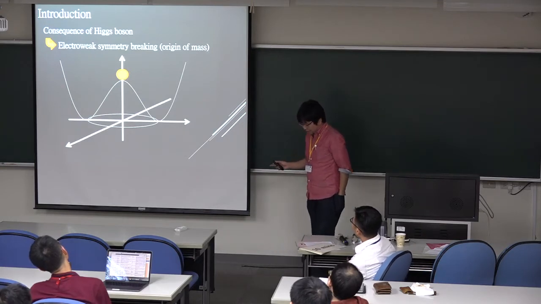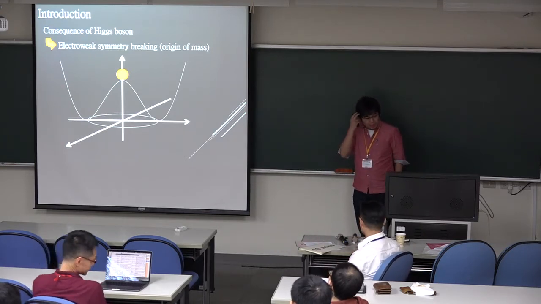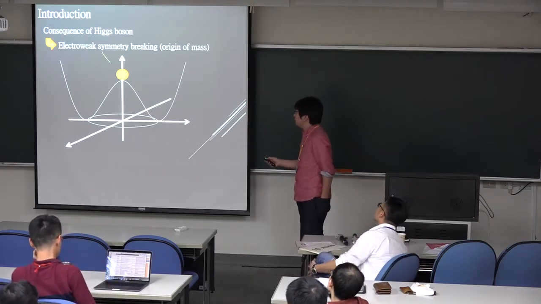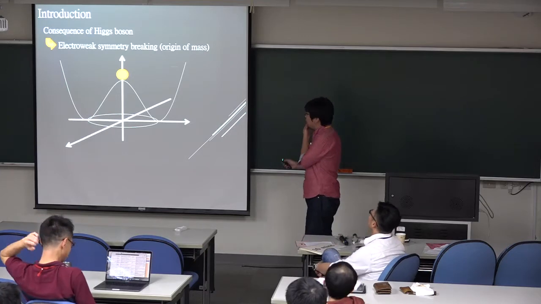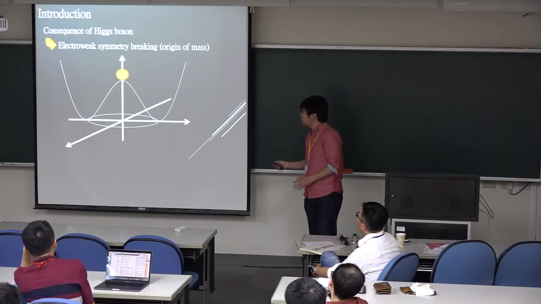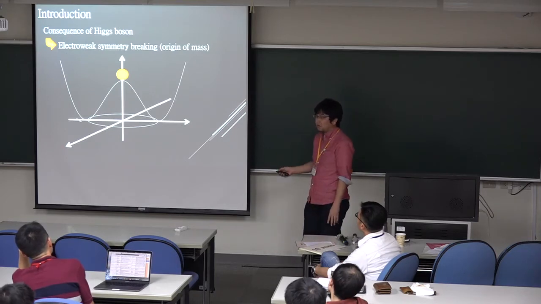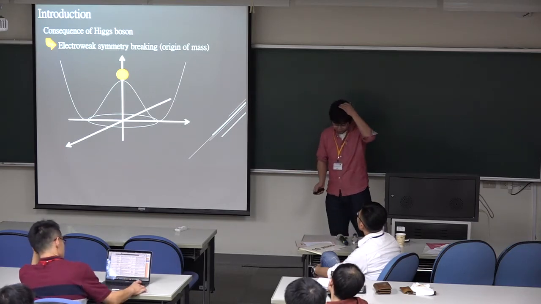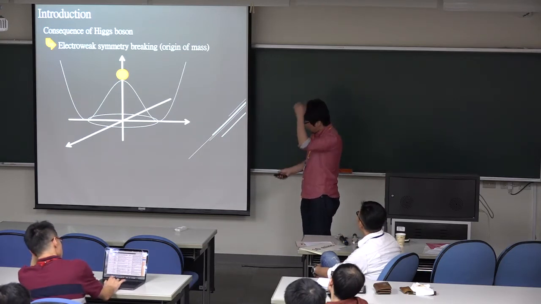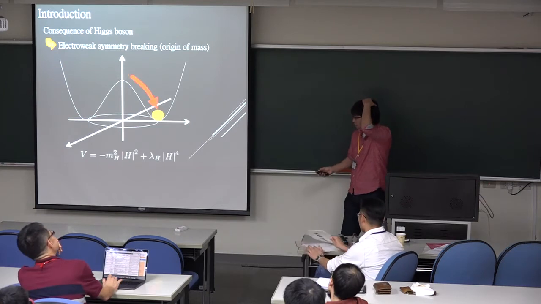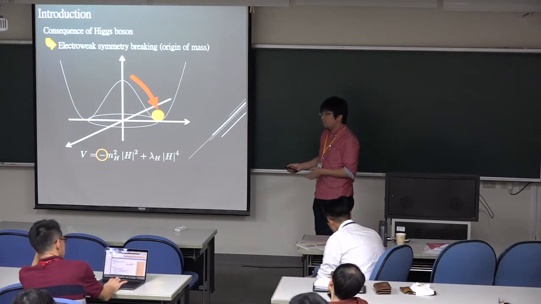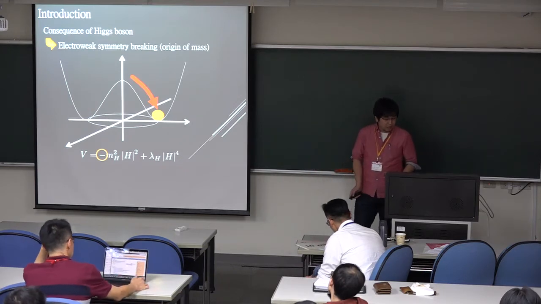Okay, let me start from the place of light. After the finding of the Higgs boson in 2012, we are now trying to reveal the origin of the electroweak symmetry breaking, namely the origin of mass. Thanks to the existence of the Higgs boson, we could write down this kind of potential, which is well known as a double-well potential. At some point we are stabilized at the origin, but thanks to this negative mass term, the symmetry could be broken, and we are now sitting on some vacuum.